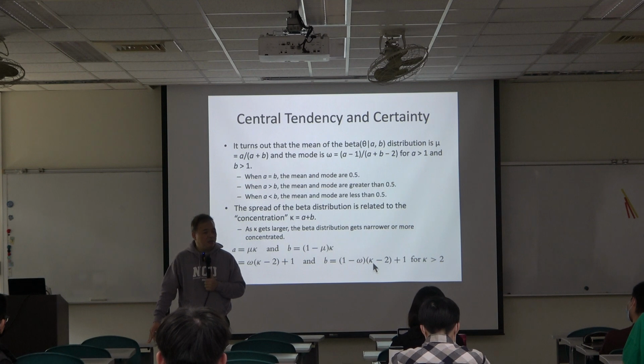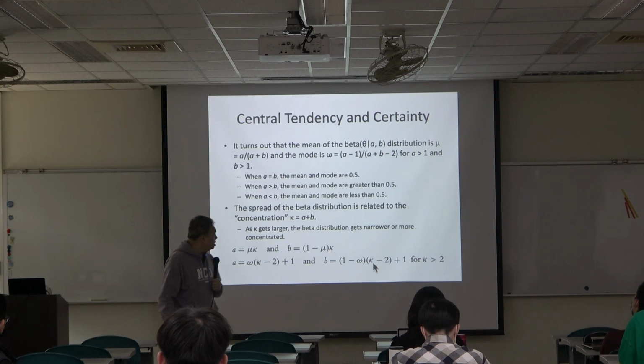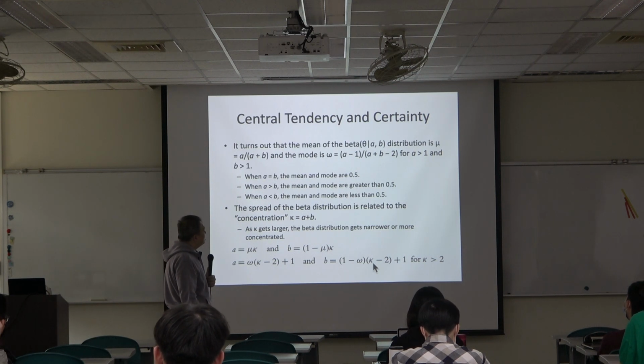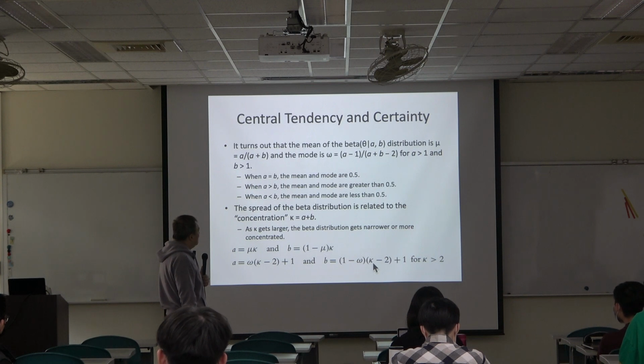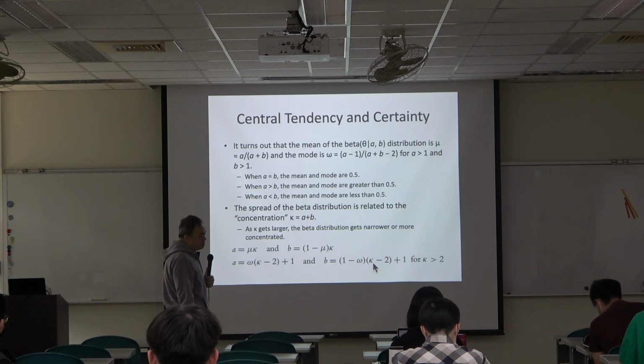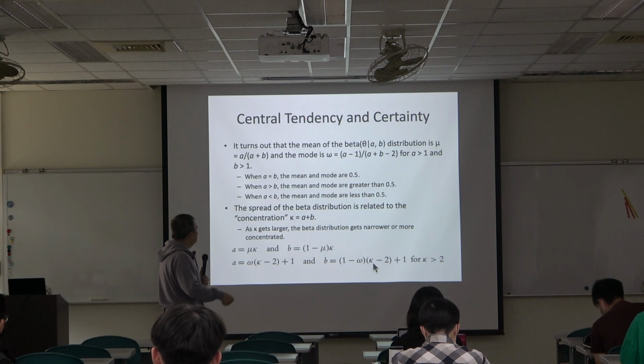The second one is the mode. Either one works fine. For the mode, it's a little bit more complicated. It's A minus 1 divided by A plus B minus 2, if A and B are greater than 1, which is normally always the case.